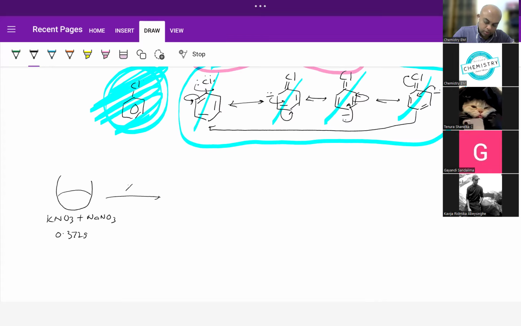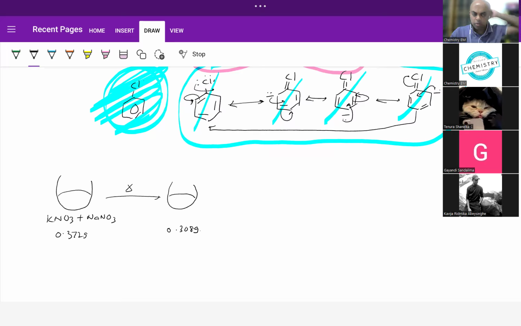You are heating this until a constant mass is achieved, and the mass is 0.308 grams, right? Now we have been asked for the mole fraction of KNO3 in the mixture.